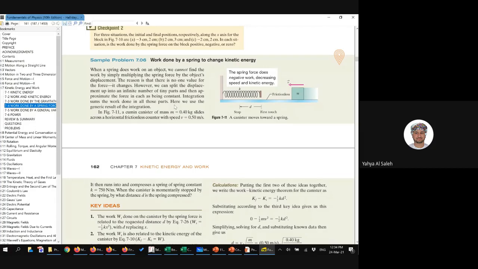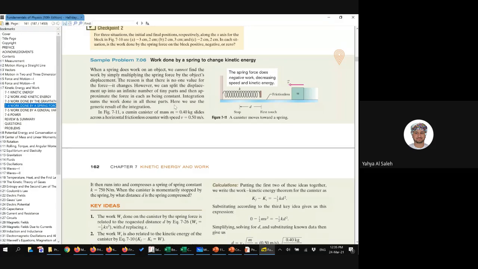We know this. In figure 7-11, a cumin canister of mass 0.4 kilograms slides across a horizontal frictionless counter with a speed of 0.5 meters per second. It then runs into and compresses a spring of spring constant k equals 715 newtons per meter.